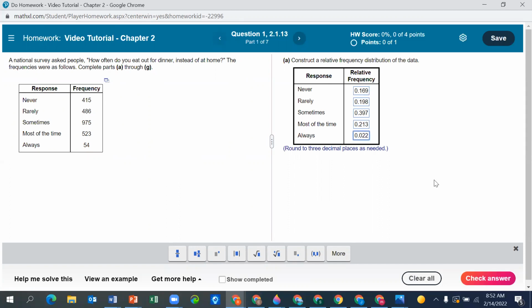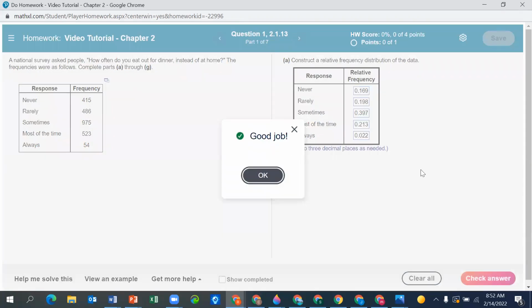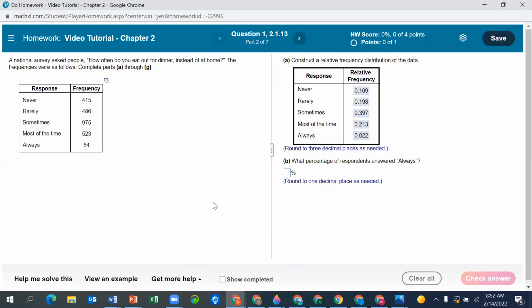So this is my relative frequency. Let's check the answer. Okay, so we got the first problem right here. And this is the way you start with StatCrunch, and it will help you with B and C.